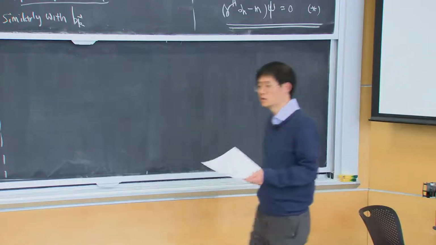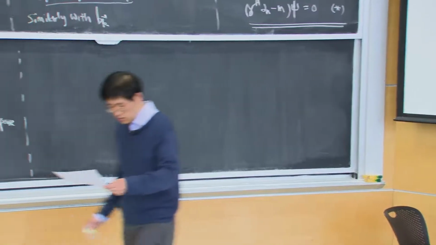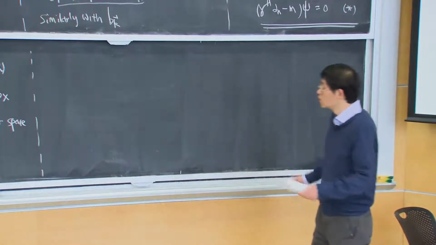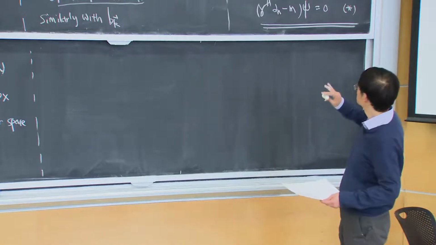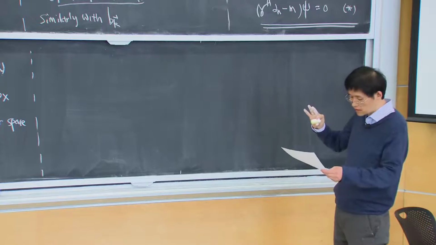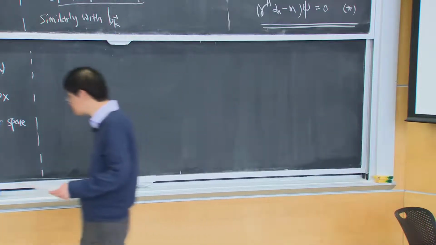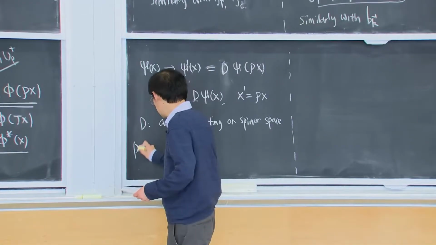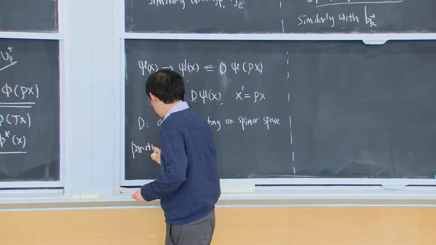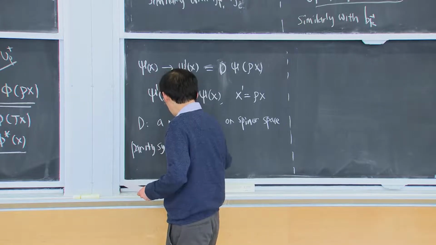Do you have other questions? Good. So what do we mean by the theory being parity invariant? We say the Dirac theory has a parity symmetry. You can always define a parity operation.